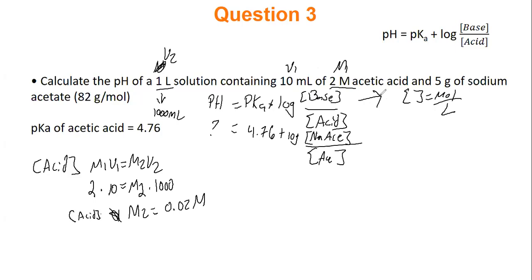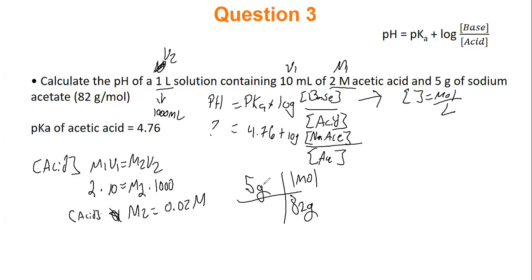So here I have a weight of base, but I need a concentration, which is moles divided by liters. So I have to figure out how many moles of sodium acetate I have. Hopefully we remember that skill from general chemistry. If you have a weight of a molecule and its molecular weight, we can do an easy conversion where I take 5 grams divided by 82 grams per mole to get moles. This is my train track method for doing unit conversions.